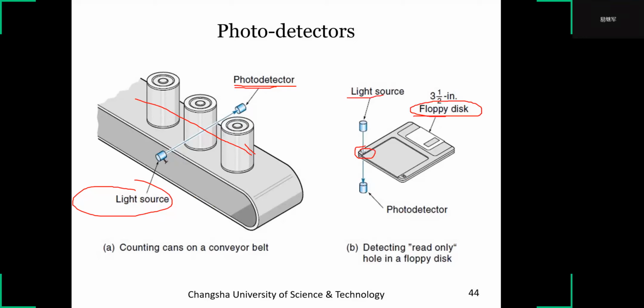With the light through the hole, the photo detector detects the light. So the floppy is in read-only mode. It's an application for the photo detector.